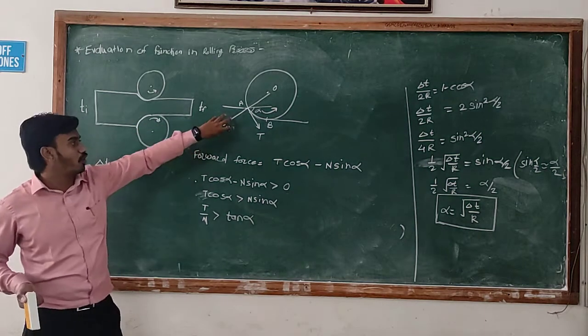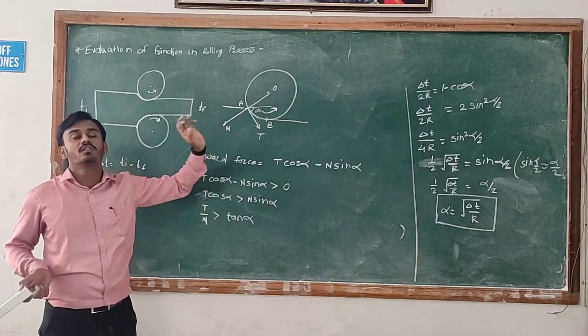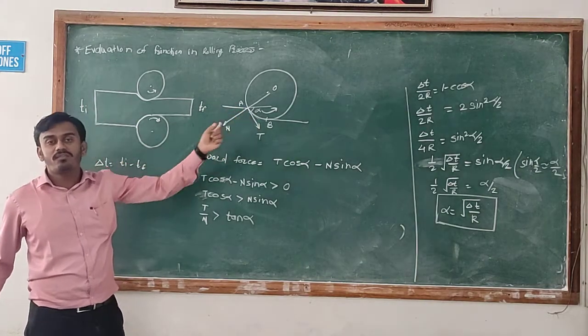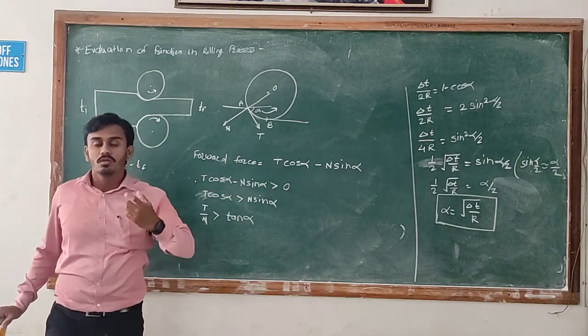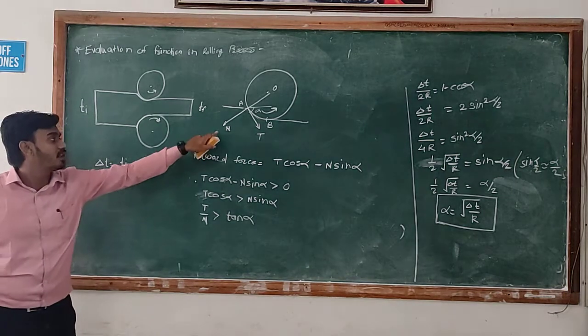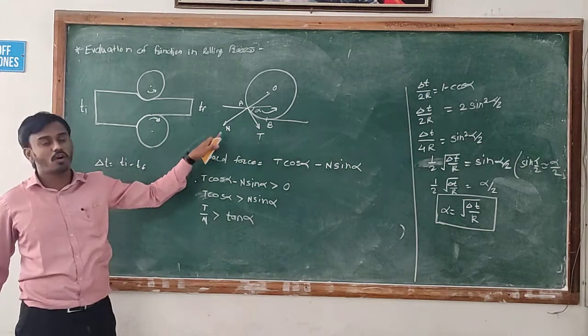N is the normal force and T is the tangential force. Due to friction, the tangential force is equal to mu times the normal force.